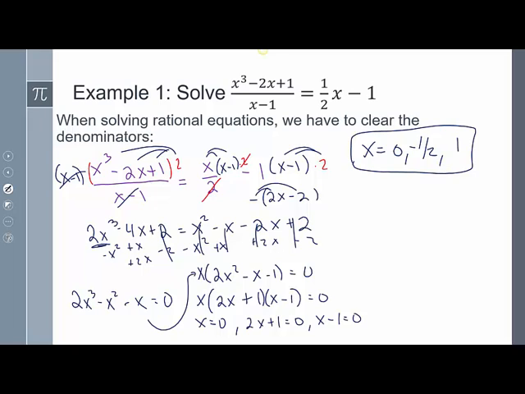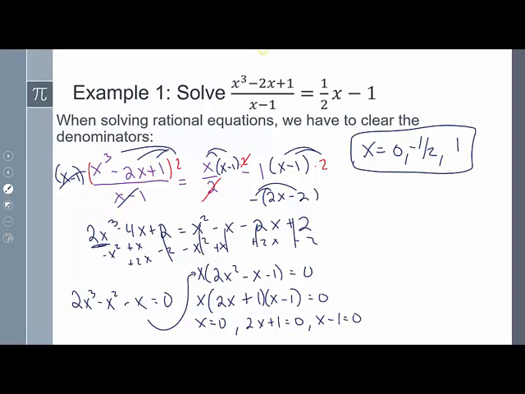So those are my solutions, but remember, we said that there might be domain restrictions. And so if there are domain restrictions, they can't be representative as part of our solution. So I have to go through and check these. If I plug in 0, am I going to get an undefined value? The answer is no. If I plug in negative 1/2, do I get an undefined value?